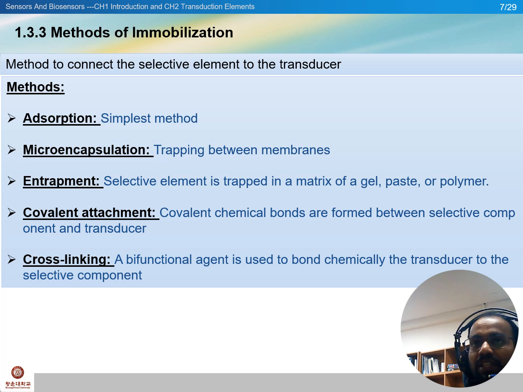Absorption is the simplest method, whereas microencapsulation is trapping between membranes. In the same way, cross-linking uses a bifunctional agent to chemically bond the transducer to the selective component.